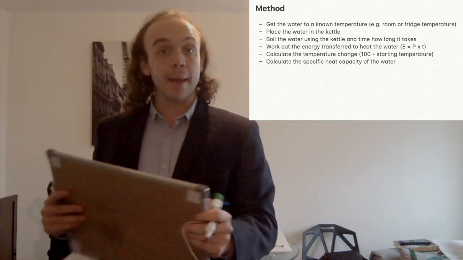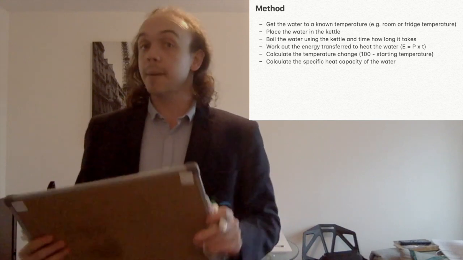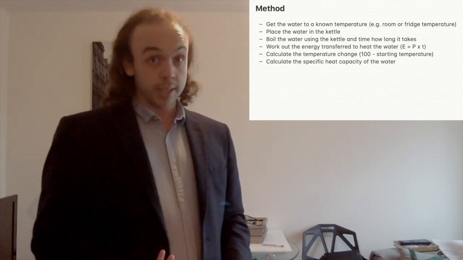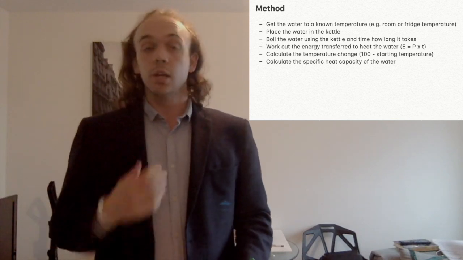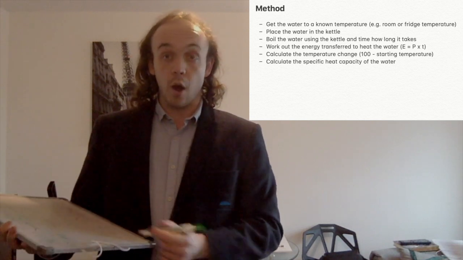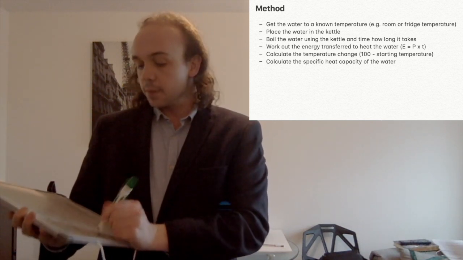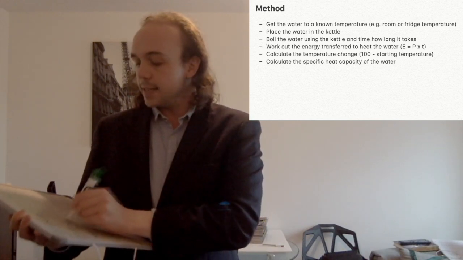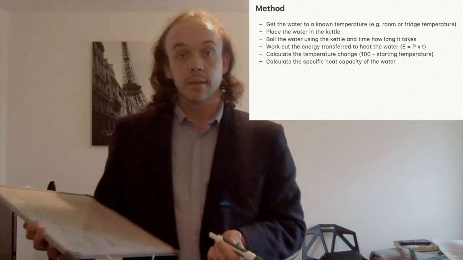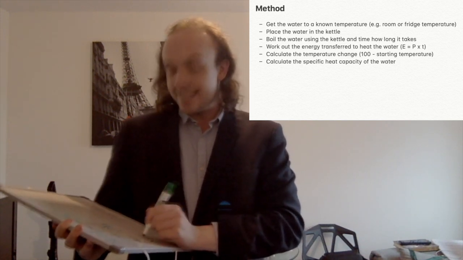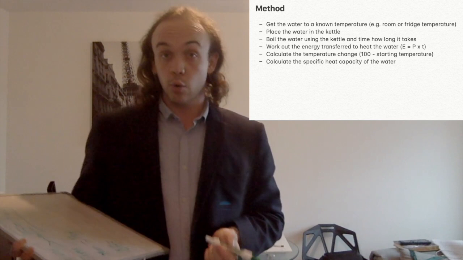Which means if we take the power of our kettle and multiply it by the time taken for it to boil, we can work out the energy transferred by the kettle during the boiling process. We also know the mass of our water because we put 1 litre in, therefore we know our mass is 1 kilogram. And finally, we need to know our temperature change, that delta theta that we've seen already.